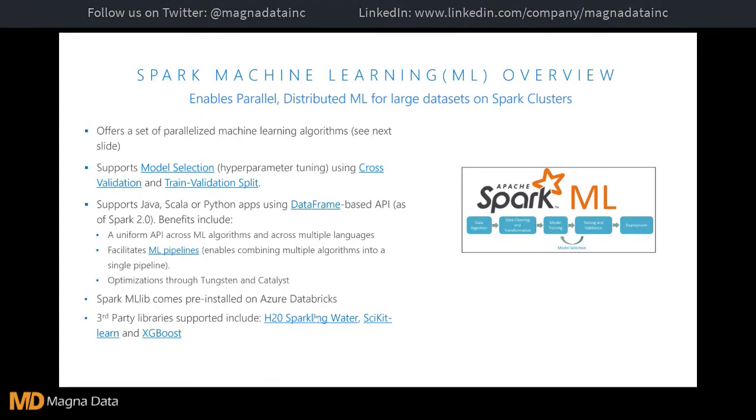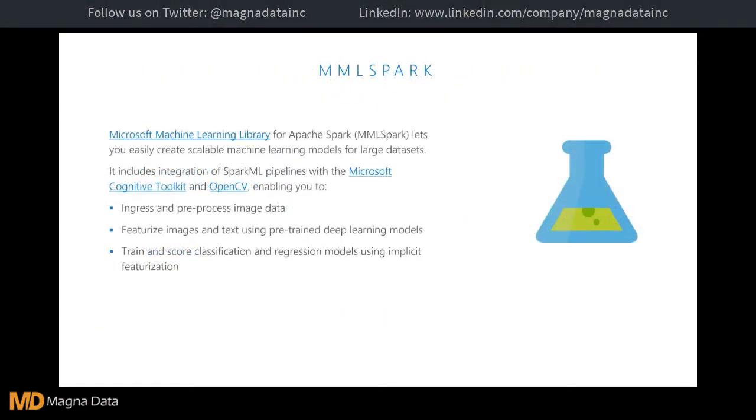Spark MLlib comes pre-installed with Azure Databricks, and it supports a whole bunch of third-party libraries. This is just a tiny subset. The Microsoft Machine Learning Library for Apache Spark lets you easily create scalable machine learning models for large data sets. It includes Spark ML pipelines with the Microsoft Cognitive Toolkit.